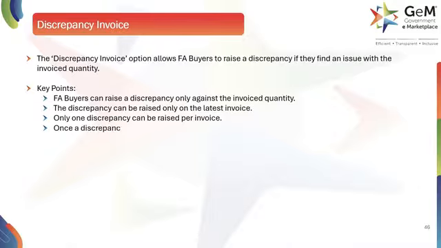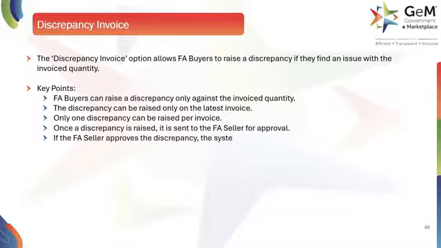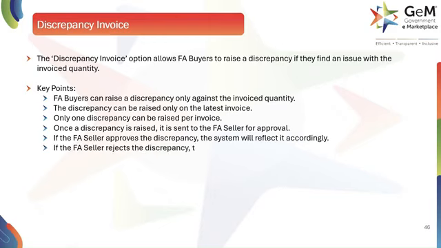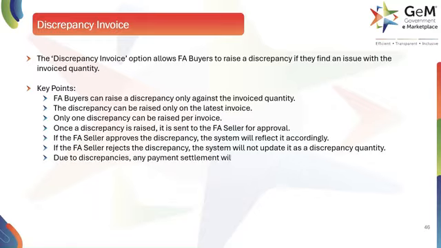Once a discrepancy is raised, it is sent to the FA seller for approval. If the FA seller approves the discrepancy, the system will reflect it accordingly. If the FA seller rejects the discrepancy, the system will not update it as a discrepancy quantity. Due to discrepancies, any payment settlement will be handled offline between the FA buyer and FA seller.